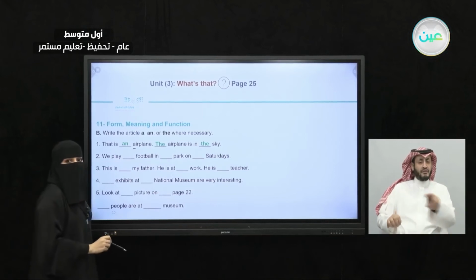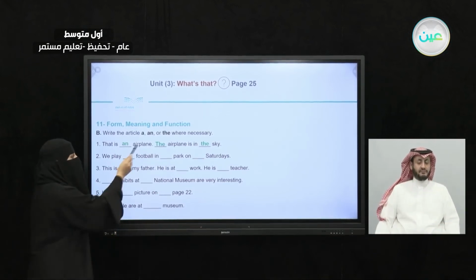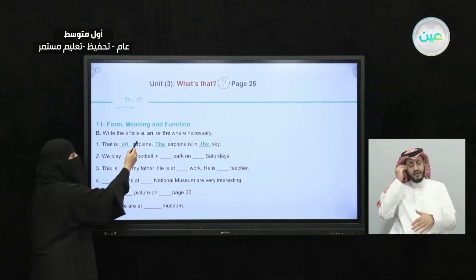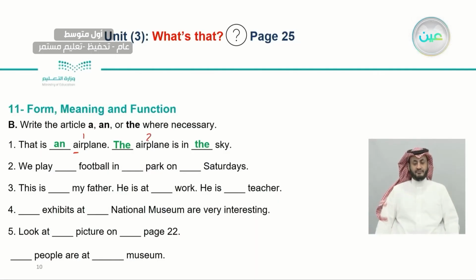Because the second time, the airplane was already known for my readers. This was the first time, and this is the second time. In the sky, and the sky is one of a kind object, isn't it? We have only one sky, right? And it's very well known. So I'm talking about a specific item.